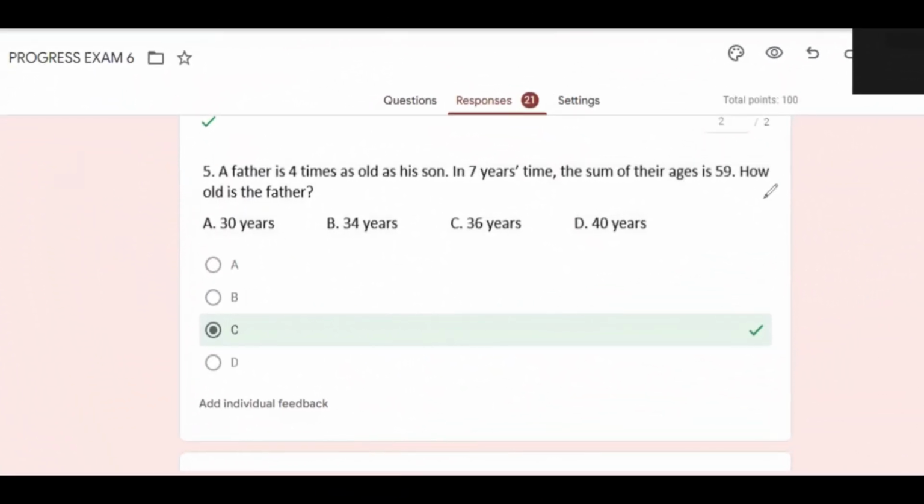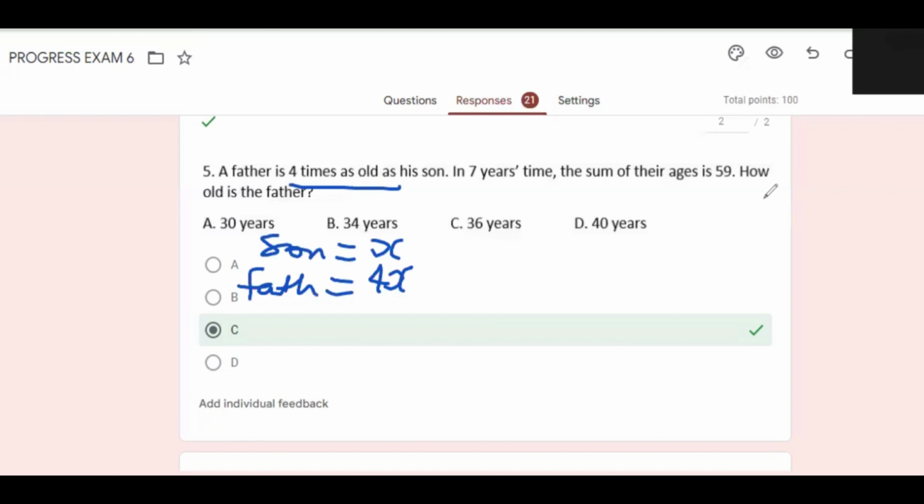So since it said the father is 4 times the son, you let the son be a letter, like x. Okay. And the father would be 4x. Exactly, because the father is 4 times. That's 4x. And then it said in 7 years' time, the sum of their ages is 59.